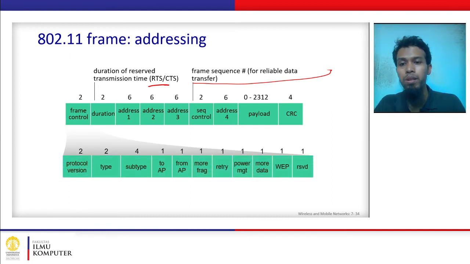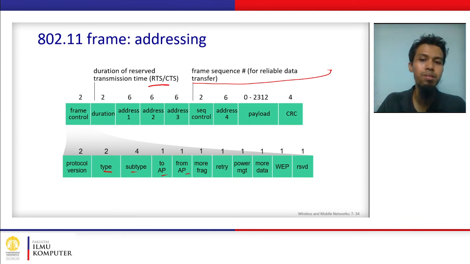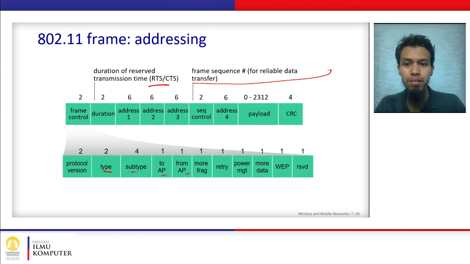Now the frame control has several fields. First, there's the protocol version, then the type of the packet. There are various types of packets: it can be a beacon, or data sent from the host or from the access point, then the subtype, then To AP and From AP. These are indicators of whether the packet is coming from or going to the AP.